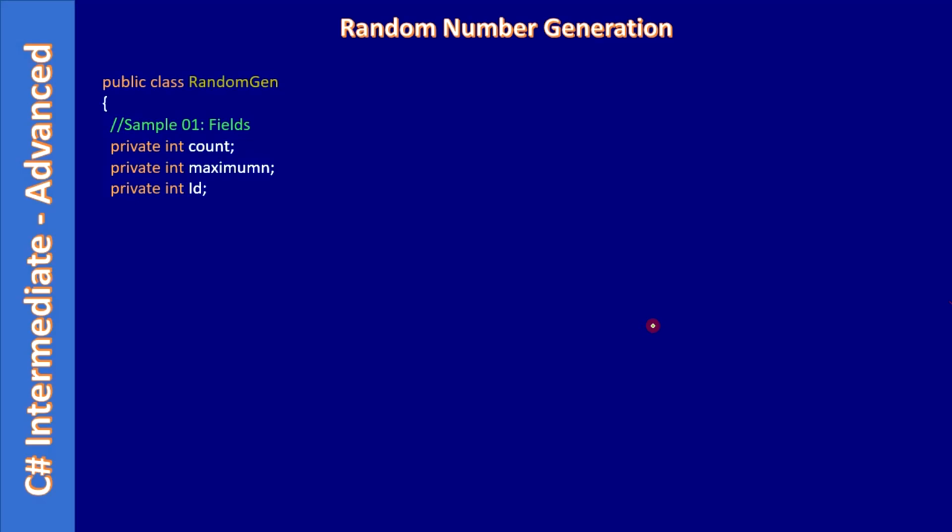So first we will create a console application. After that we will define a class called RandomGen. As already told, if you see here, we are creating 3 private members: count, maximum, ID. So this ID will be the identifier for the task.